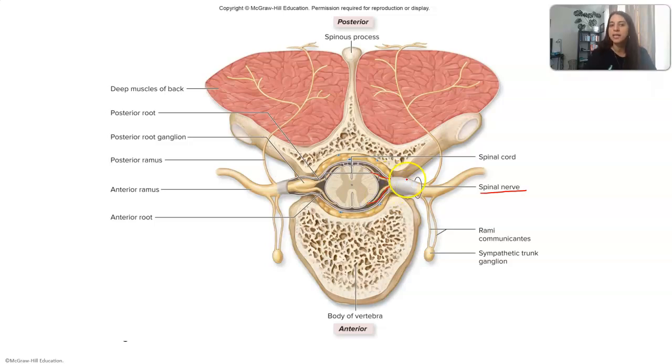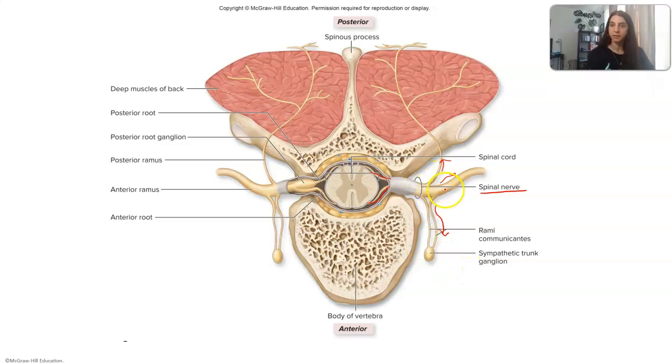They come together in the intervertebral foramen. We have the cell bodies of the sensory neurons right here posteriorly, but then they come together to form a spinal nerve. The spinal nerve then branches into three rami: a posterior ramus, an anterior ramus, and a rami communicans.